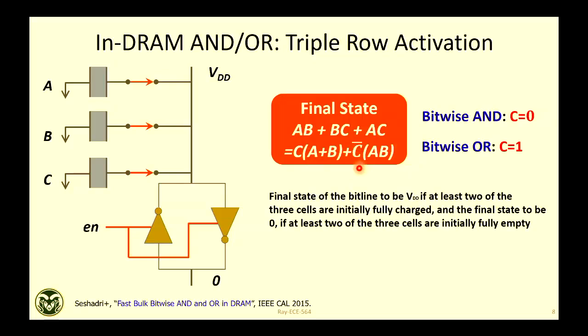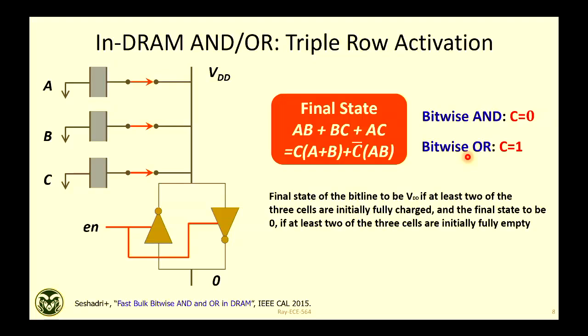A plus B is equivalent to A or B. If C is 0, then this is gone, then it will be AB. So this is the bitwise operation logic. Yeah, so that's how the Ambit paper implemented the logic. Any question on this implementation of logic?